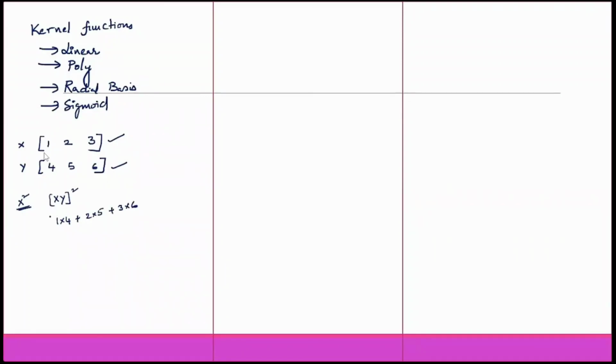So basically, I can very well think about a squaring of this. This entire thing I can take as a square. So possibly it can become 4 plus 10 plus 18 squared, which could be 32 squared or 1024.